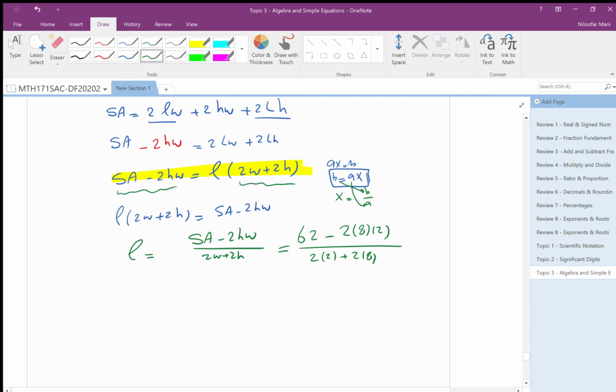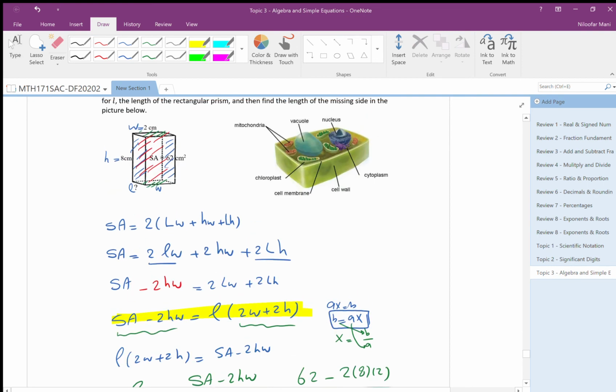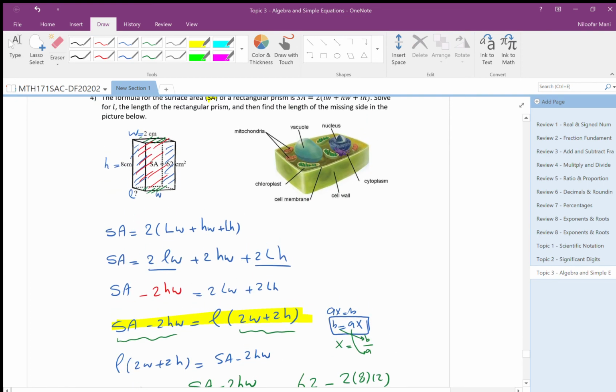So here, L is 62 minus 32 divided by 20. Am I right here? Yeah, it's 30 divided by 20. What is 30? Centimeter squared.